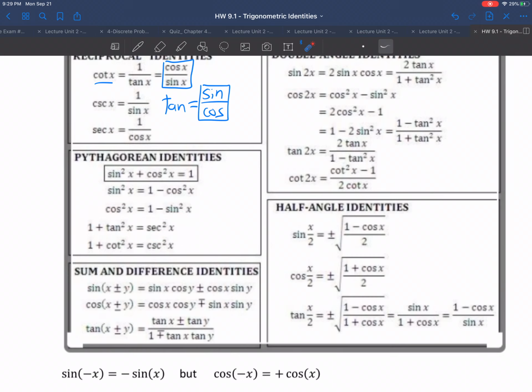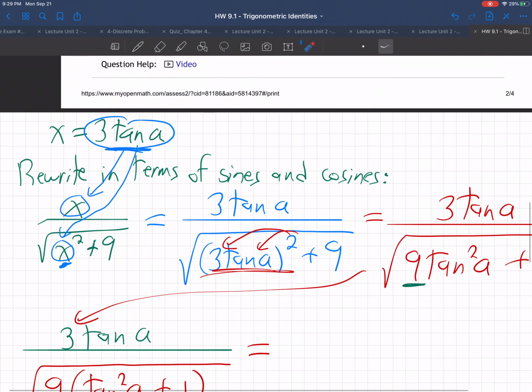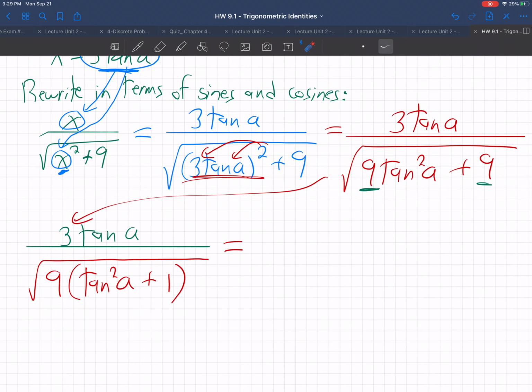So, these are all called Pythagorean identities. They are very similar, involving sine squared or cosine squared or secant squared or tangent squared and a 1. So 1 plus tangent squared is secant squared. This whole thing is secant squared.